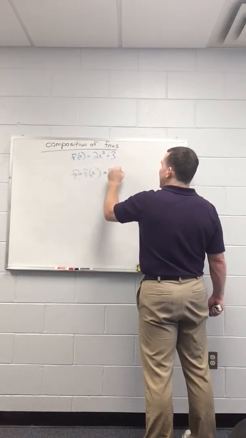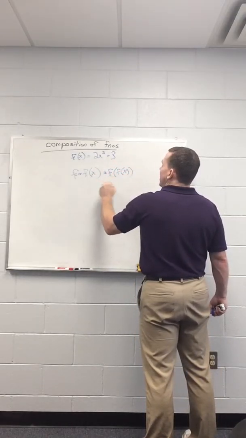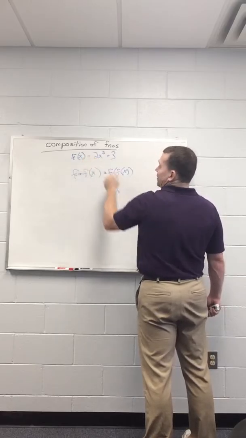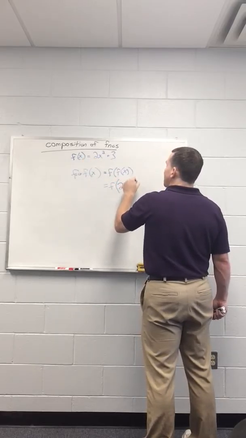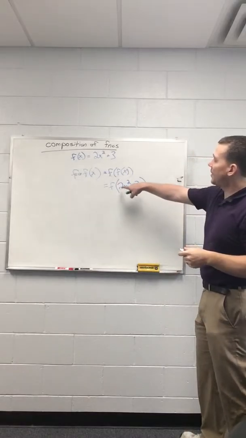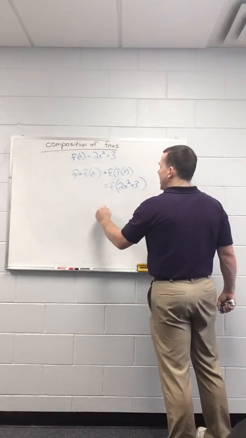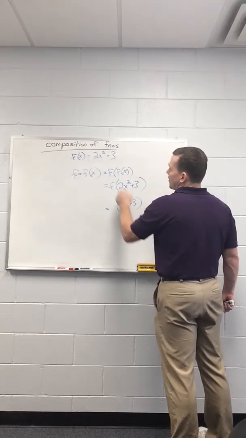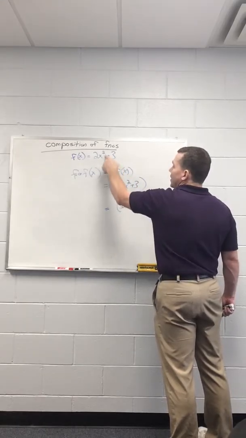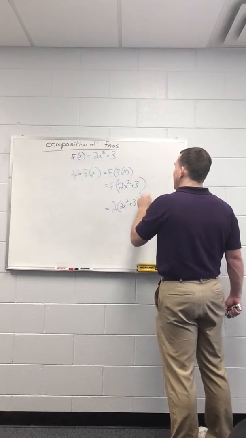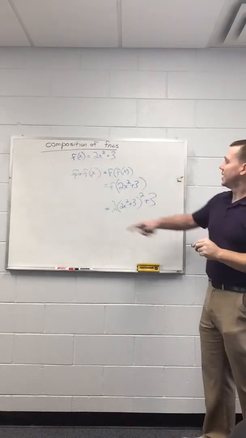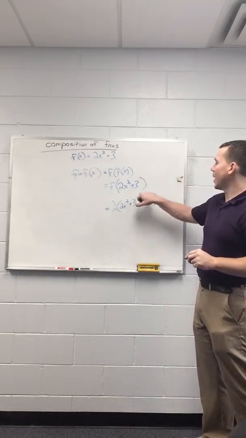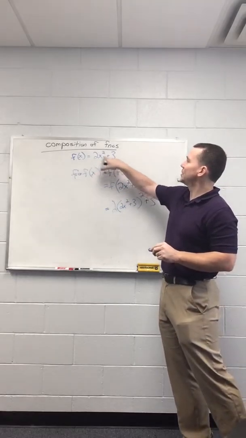By definition, that's f of f of x, which is f of 2x squared plus 3. Now I apply f to that. What does f do? It takes whatever you plug in, in our case 2x squared plus 3, squares it, multiplies it by 2, and adds 3 to it.